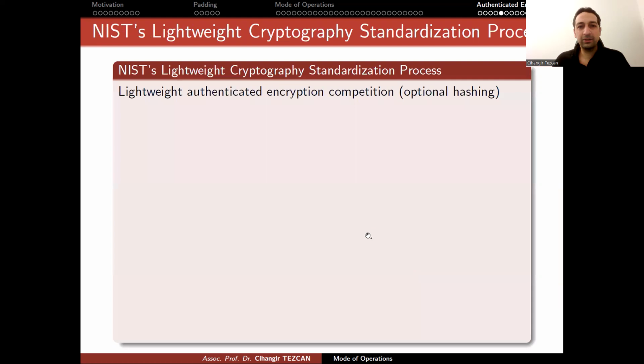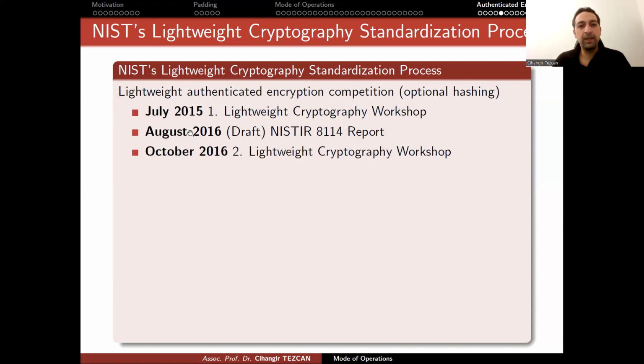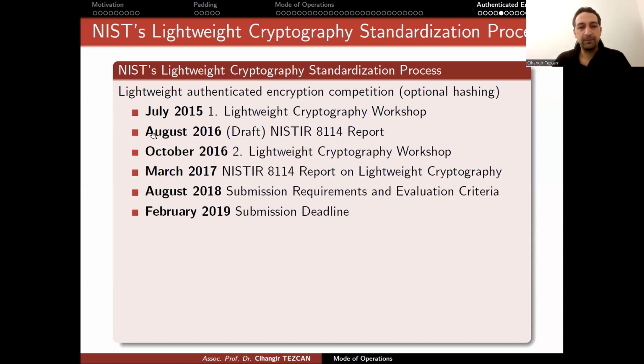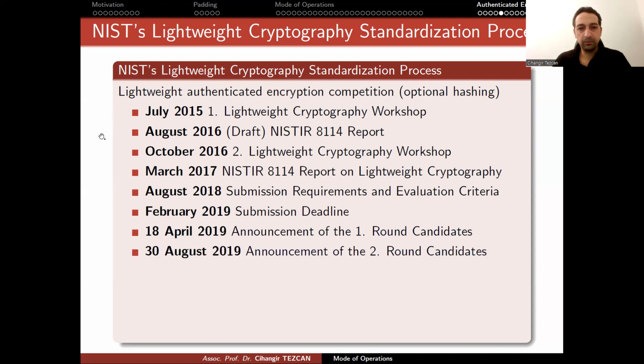Another authenticated encryption competition is organized by NIST, but this competition is about lightweight cryptography, where the provided encryption algorithm should also have authentication. So this is why we have a lightweight authenticated encryption competition that started around 2016.